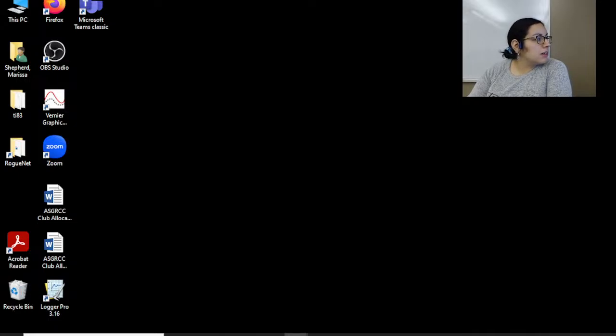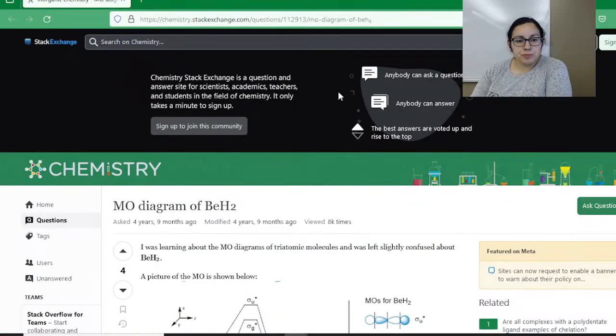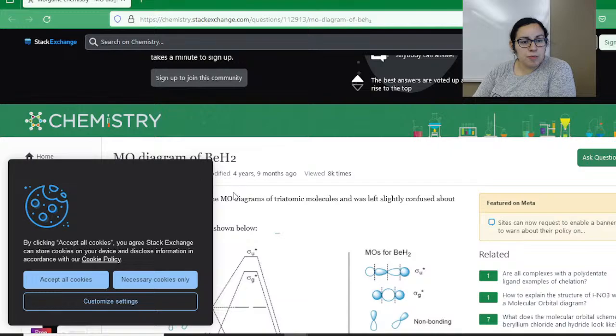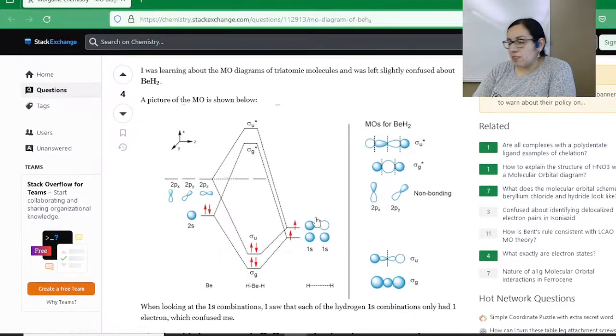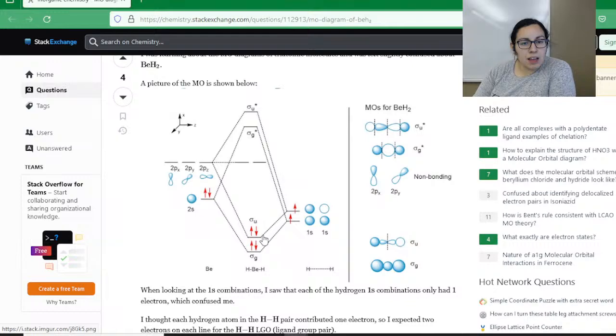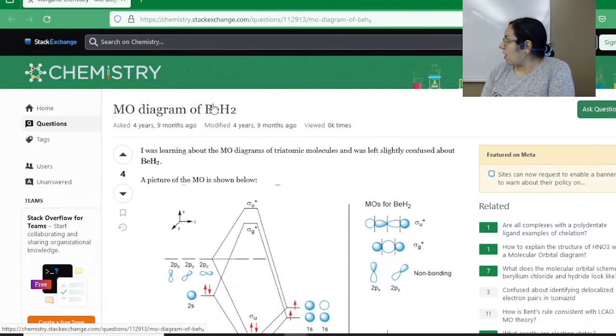I also had another picture, if I can find it, since you did ask the question. I wanted to show at least a diagram of H2 and see how that would go.